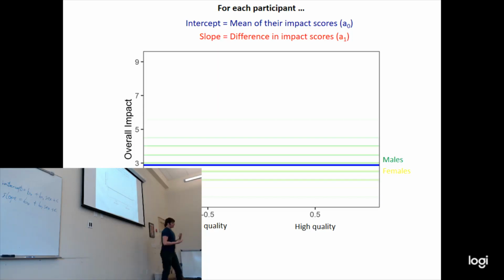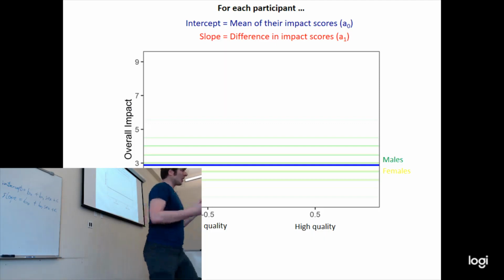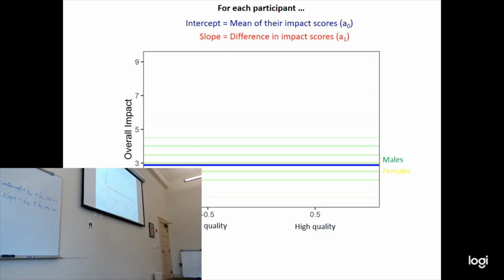So it looks like there's a difference in the intercepts for male reviewers versus female reviewers. And just like I did with other kinds of models, I can draw 2 separate lines on this graph. One represents the average intercept for women, and one represents the average intercept for men.